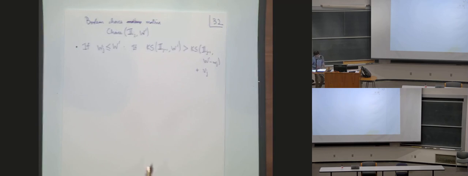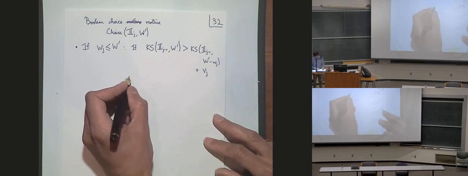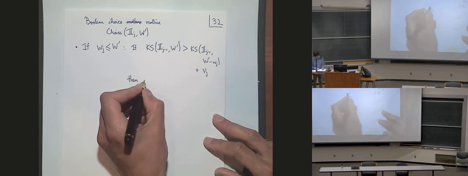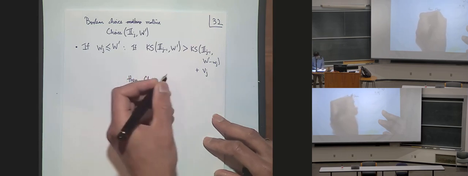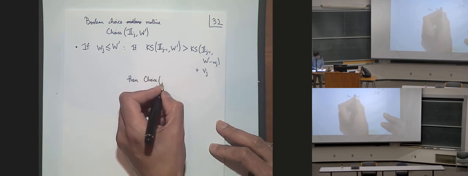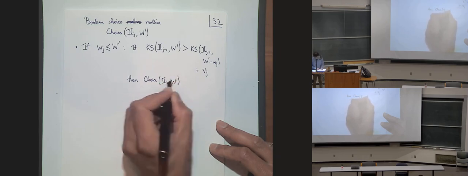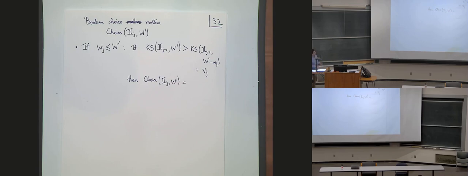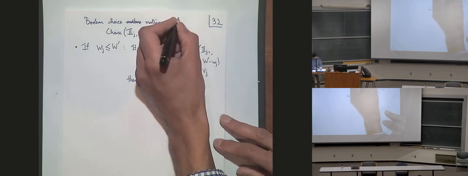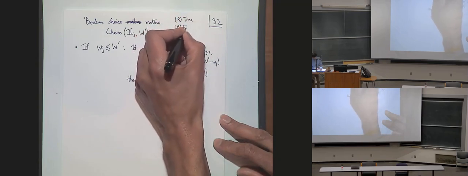So if the knapsack value, finally, then choice of [i][j][W'] should be, is it true or false?